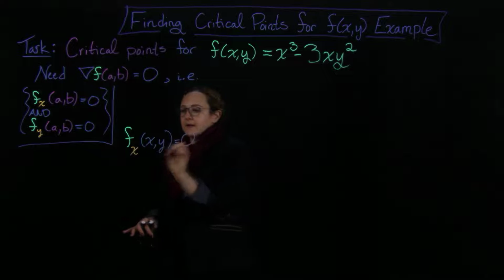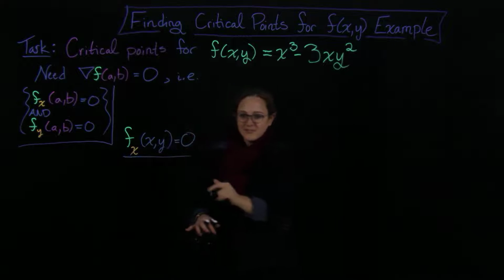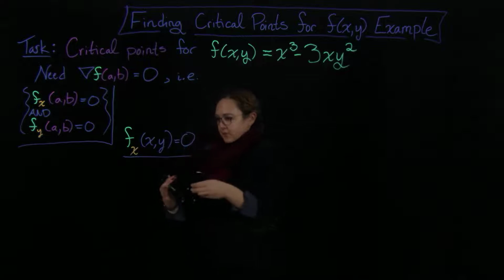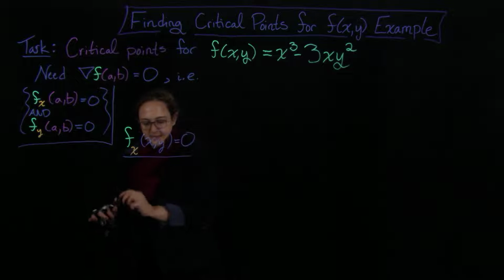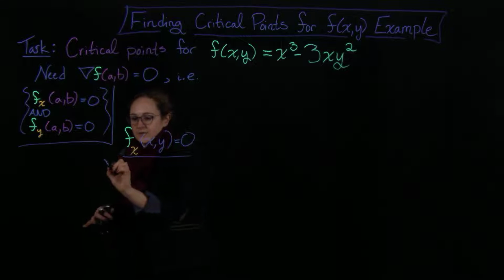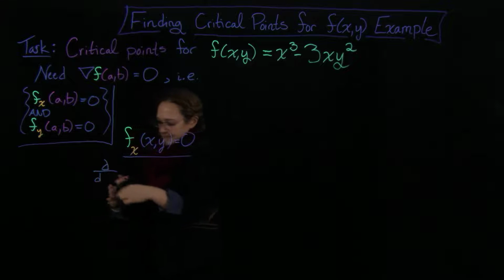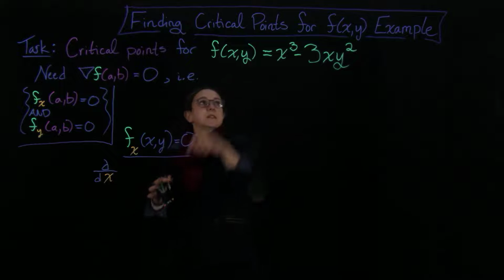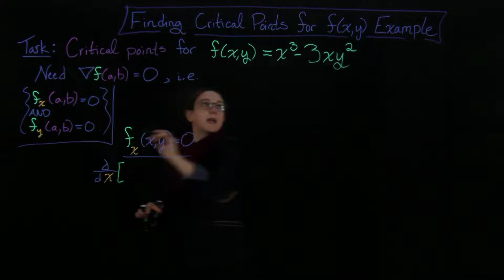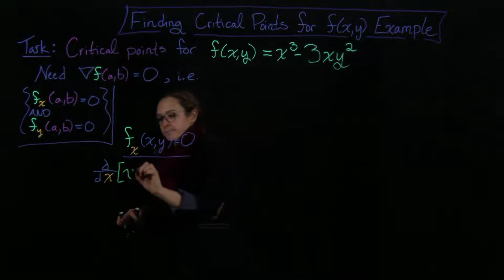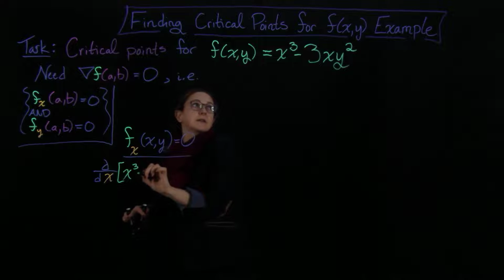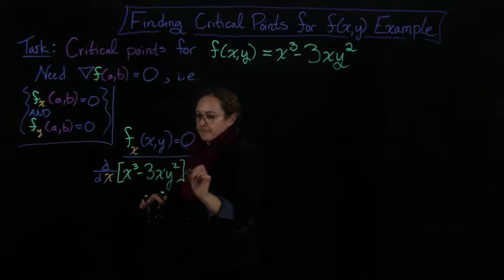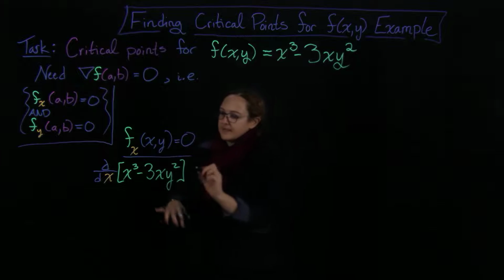So what does it mean for this to be 0? Let's take the partial derivative with respect to x of this function, x cubed minus 3x y squared, because that's my f, and look for when that equals 0.